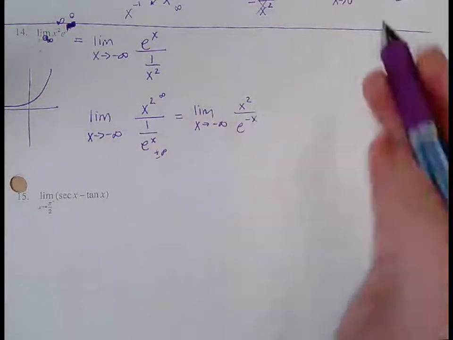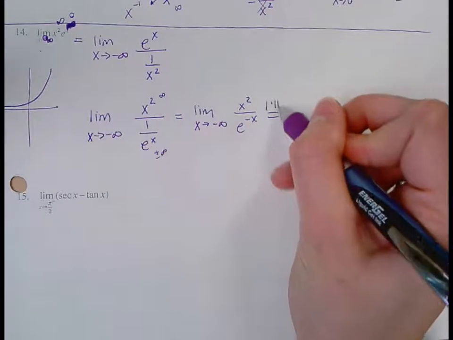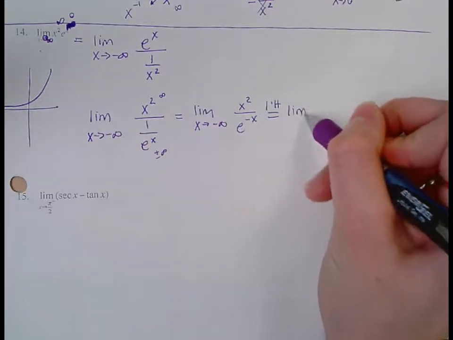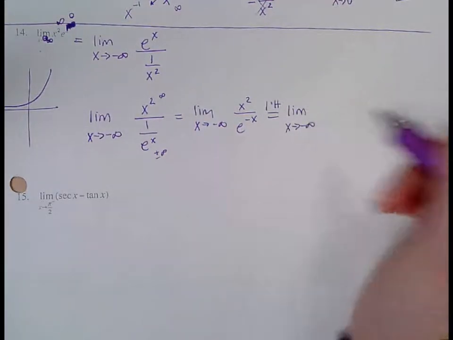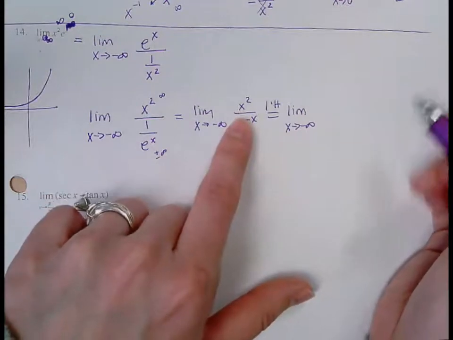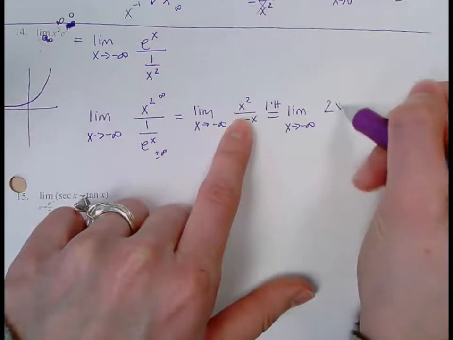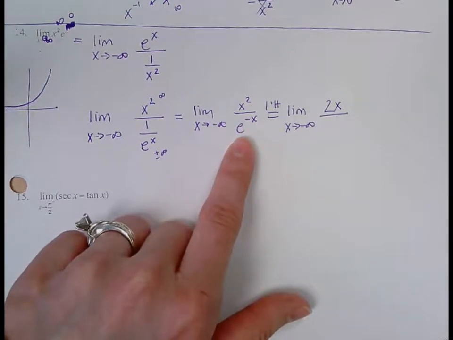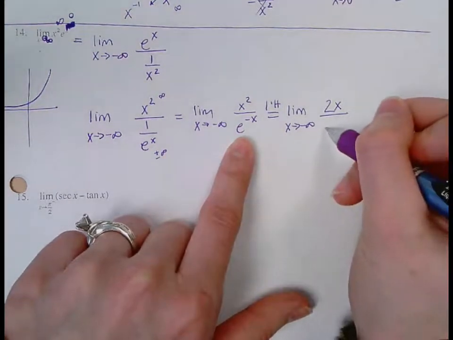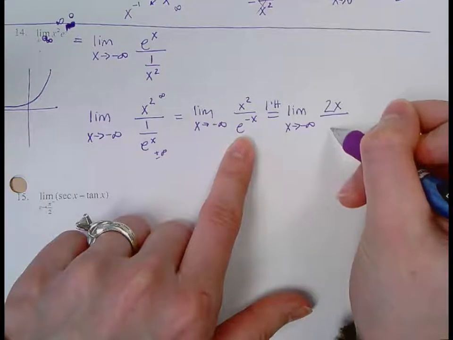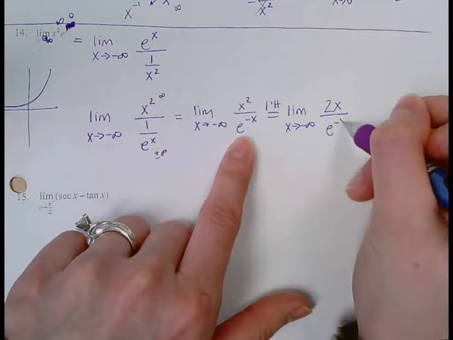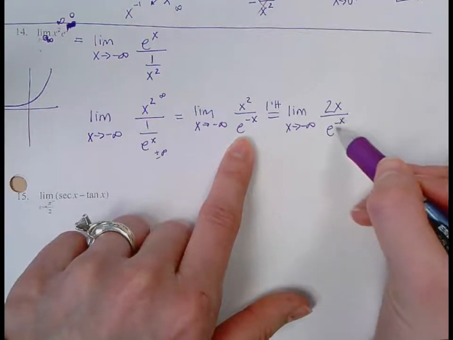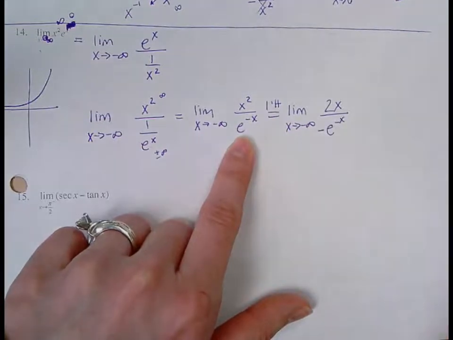If I now apply L'Hopital's rule, I'd have the limit as x approaches negative infinity of the derivative of x squared, which is 2x, over the derivative of e to the negative x. Chain rule: it'd be e to the negative x times the derivative of negative x, which is negative 1, so negative e to the negative x.